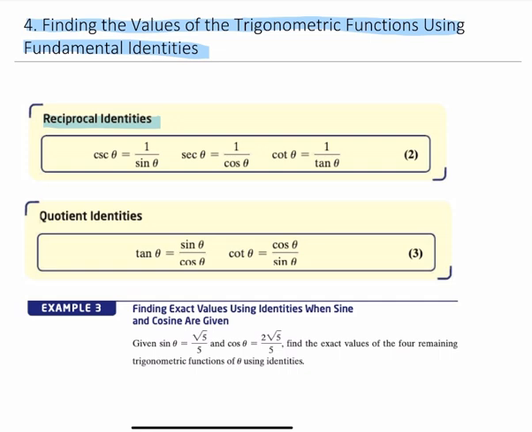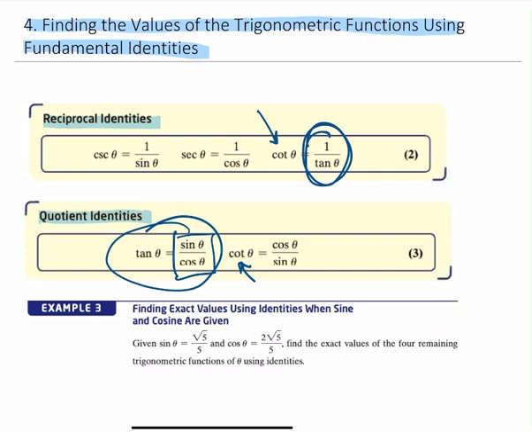And then we have the quotient identities, that the tangent is sine over cosine. We've used that one a few times. And then by extension, since the cotangent is the flipped version of the tangent, and if tangent is sine over cosine, well then the cotangent should be the reciprocal of that fraction. Instead of sine over cosine, it's the cosine divided by the sine.